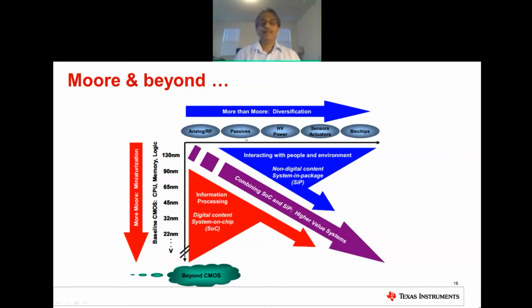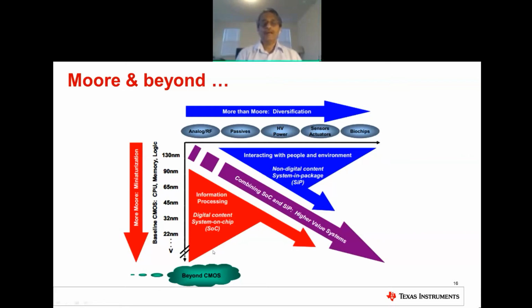But what really is happening is this other aspect where in an integrated circuit, you not only want your memory and the digital content, but increasingly your analog content, being able to handle higher levels of voltages and powers, being able to integrate passives, and of course there are sensors and actuators, and the whole area of MEMS is pretty exciting. So that aspect of more than Moore is where there are many opportunities along with more of Moore.